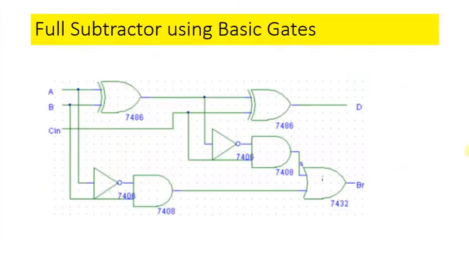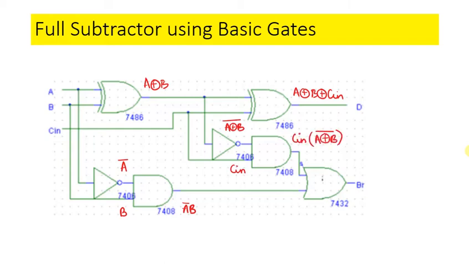For the realization of the full subtractor using basic gates, we make use of 2 XOR gates, 2 AND gates, 2 NOT gates and 1 OR gate. So totally we will require 4 different ICs.